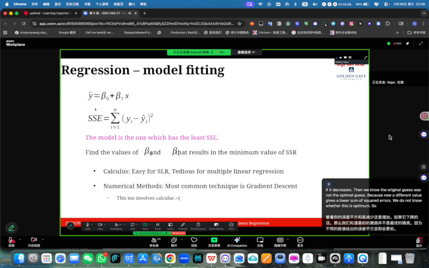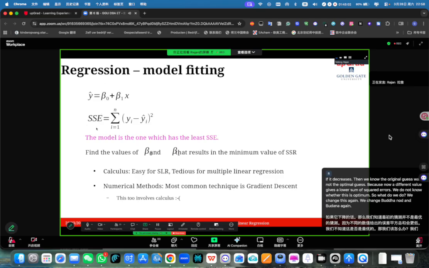So what do we do? We change beta naught and beta 1 again, and calculate a new value for the sum of squared errors. See whether it has decreased or increased. If it has decreased, then discard the earlier value and repeat the process until it starts increasing.